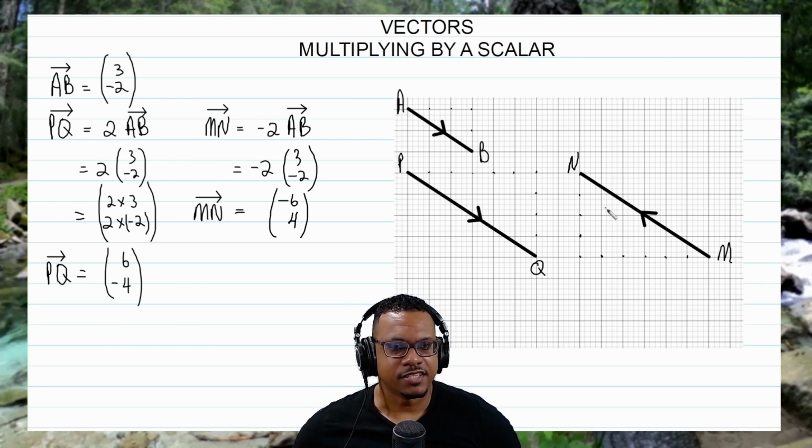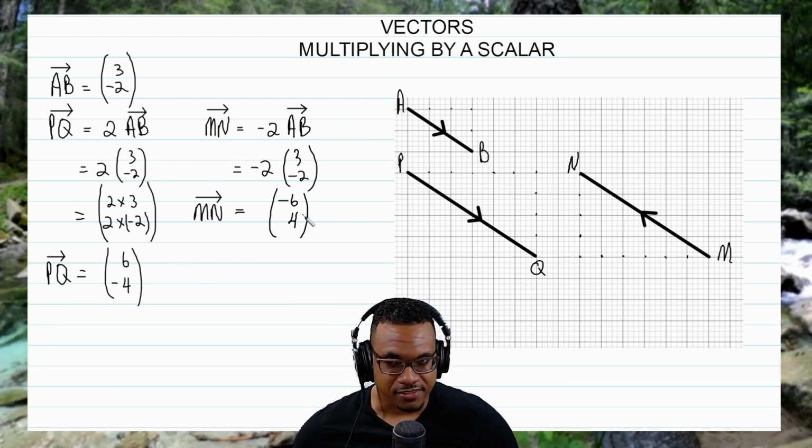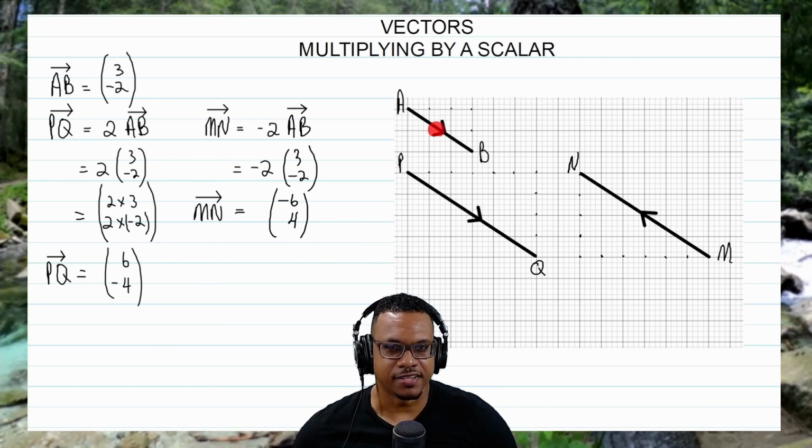Now again, we can see all these vectors are parallel, but the vector MN is in the opposite direction of AB and also PQ. So multiplying a vector by a negative scalar would still give you a parallel vector. As you can see, MN is still parallel to PQ and AB, but multiplying by a negative scalar, the direction of the vector would change to the opposite, meaning MN is in the opposite direction of PQ.